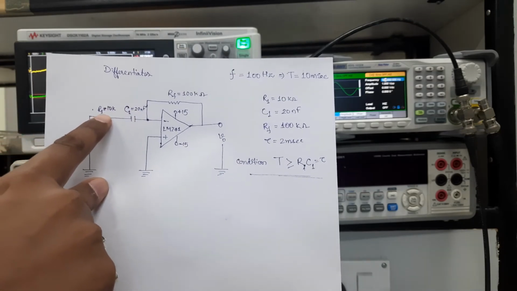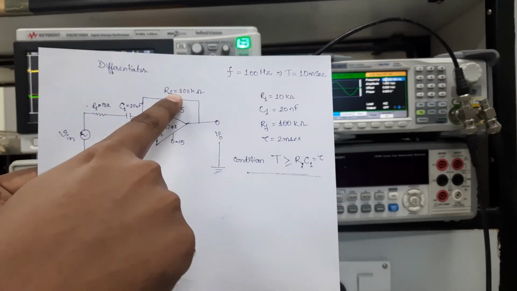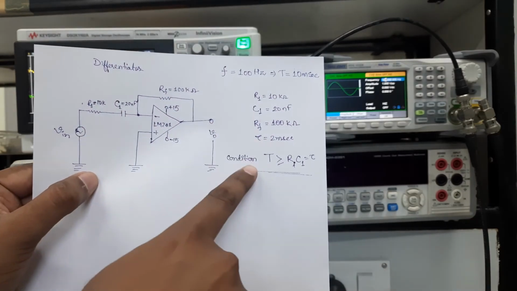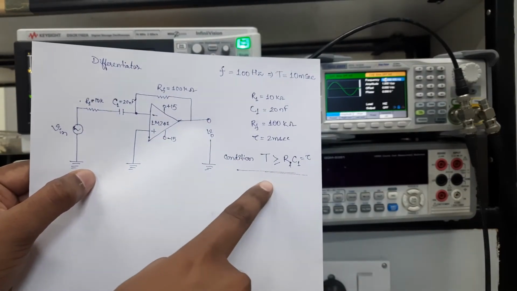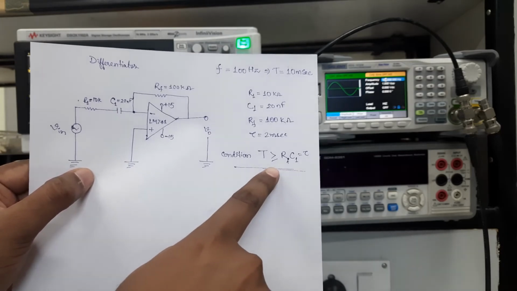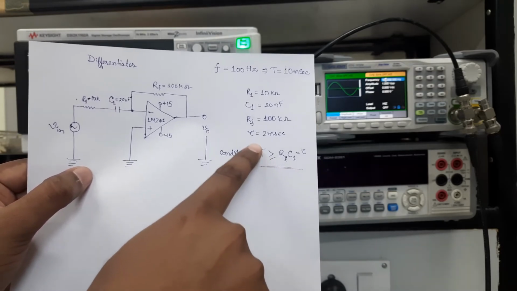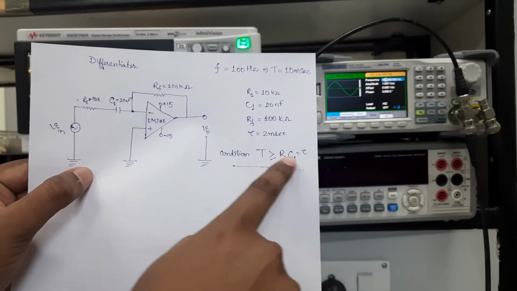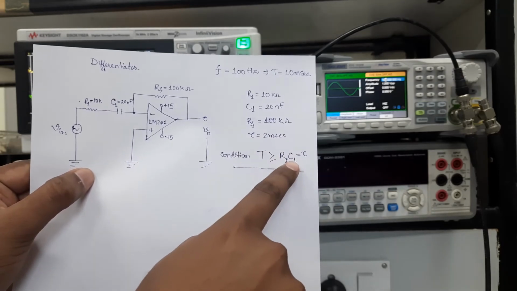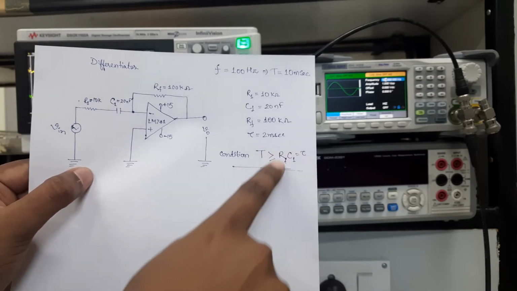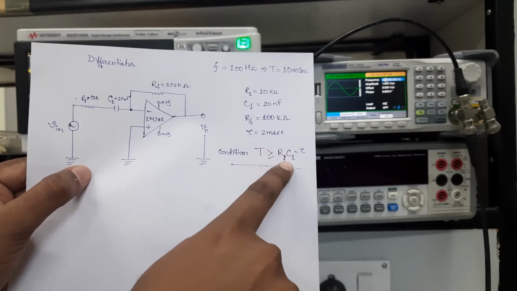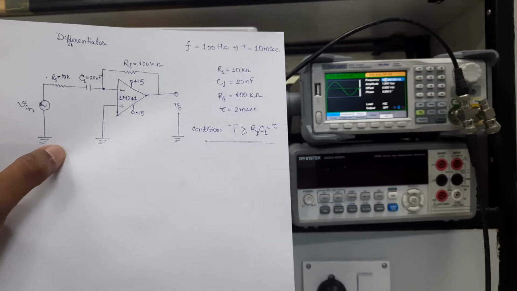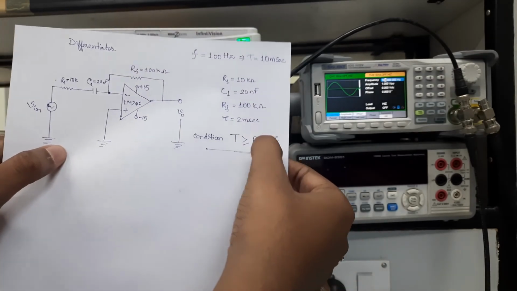I used R1 as 10 kilo ohm and RF as 100 kilo ohm to satisfy the condition for a good differentiator, that is, the time period of the input signal should be greater than the time constant of RF and C1. So T should be greater than this.